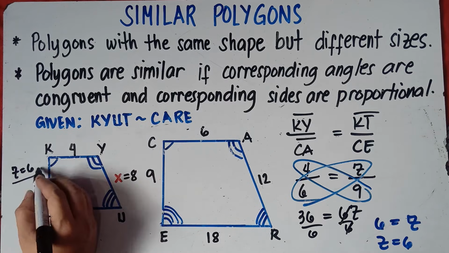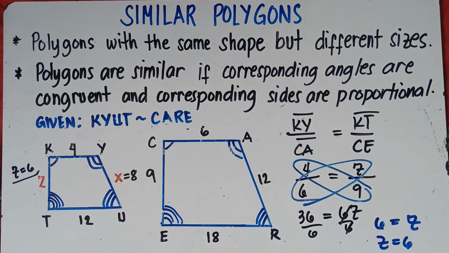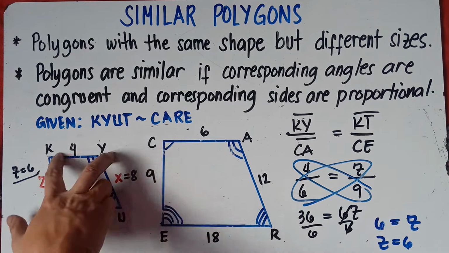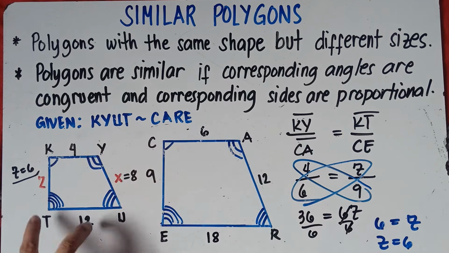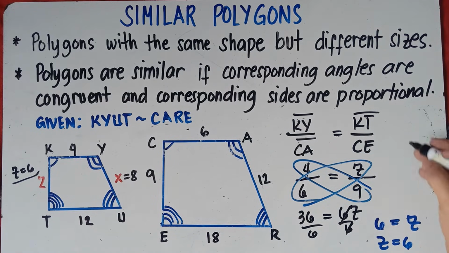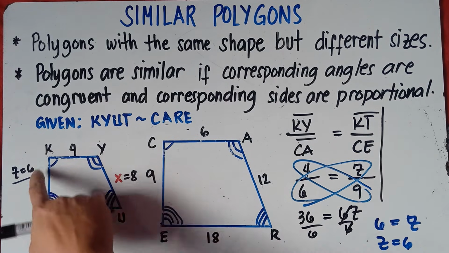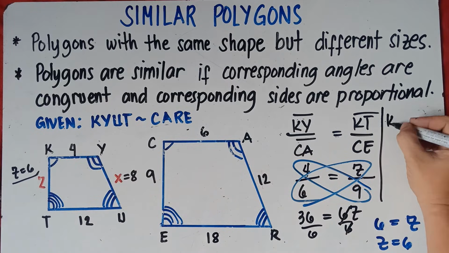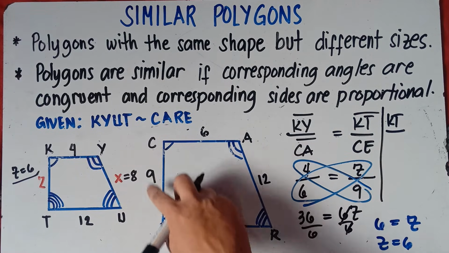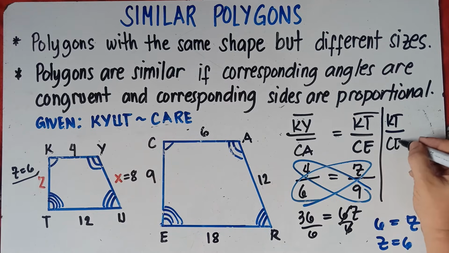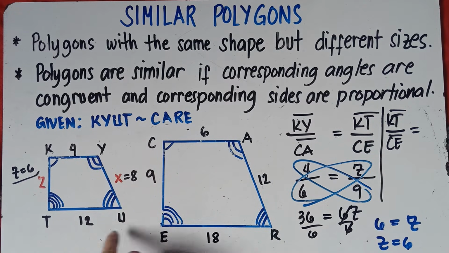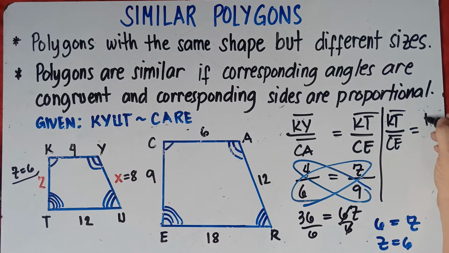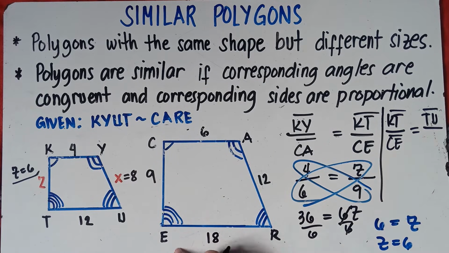Very easy, right? For the similar polygons. So let's try this one. A while ago we used these two sides and then this side. Let's check if we have the same answer. We will be using KT over CE is equal to TU over ER, line segment TU over line segment ER.